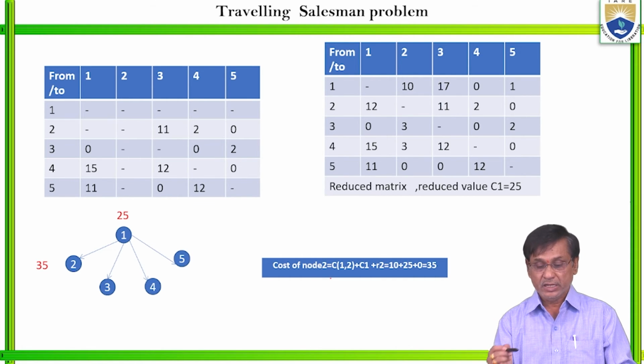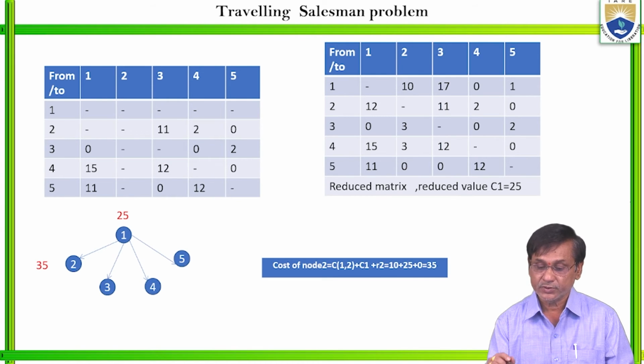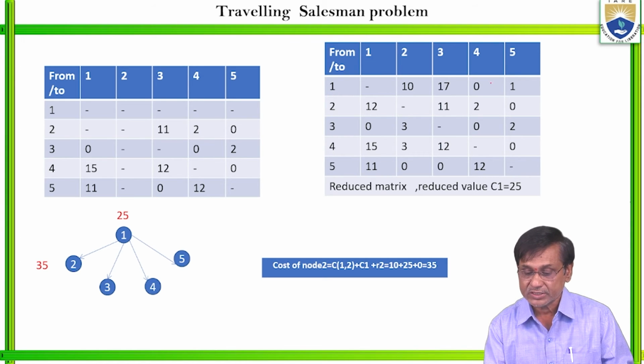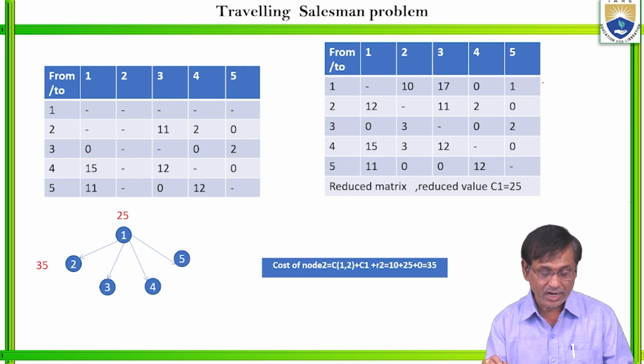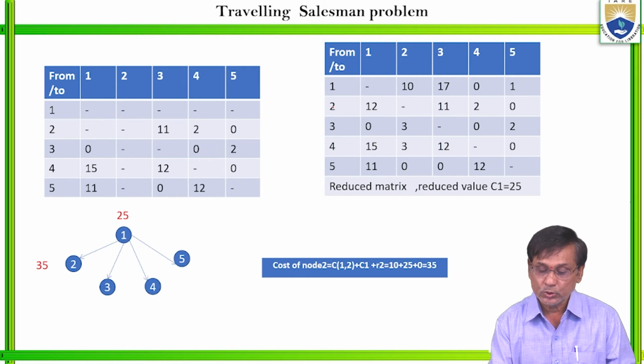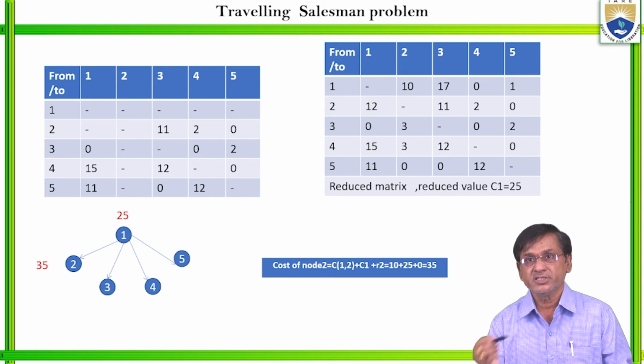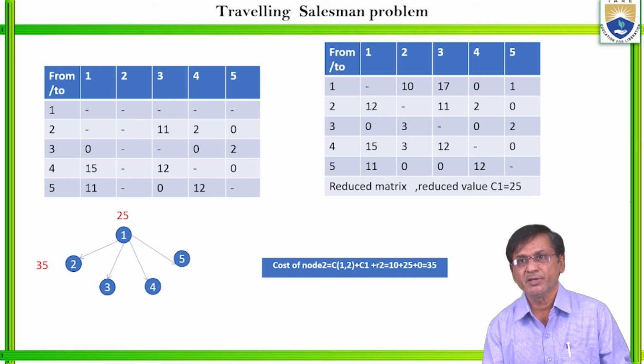How to find out the cost of node 2? In that, we have to take the reduced matrix, and then we have to change all the elements of the first row as infinity and second column as infinity, and 2 to 1 is also infinity. After modifying it, we have to check whether there is any possibility to reduce the matrix.